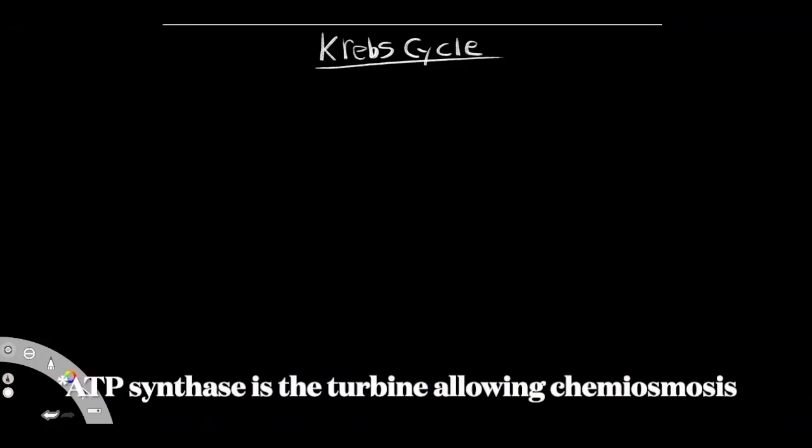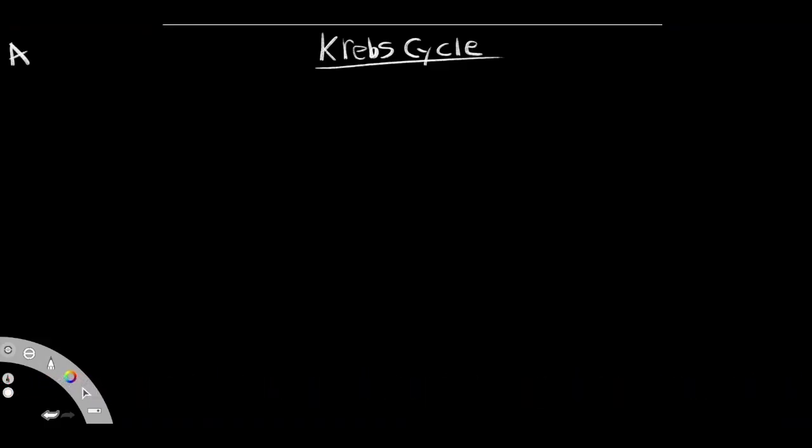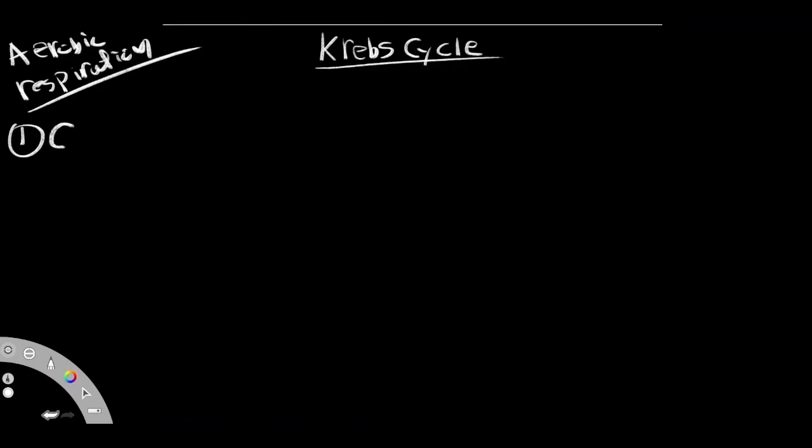So if I were to put it here just as a reminder, aerobic respiration, we mentioned in the previous videos that there were three phases, right? So the first one was glycolysis. So we finished that one. Now we're on our second phase, our Krebs cycle.